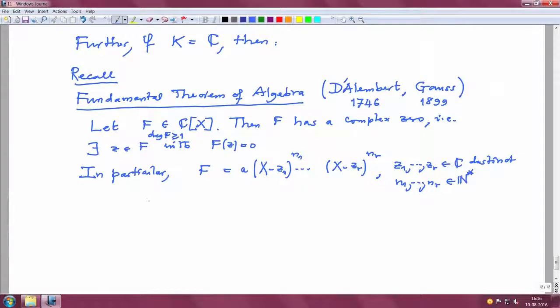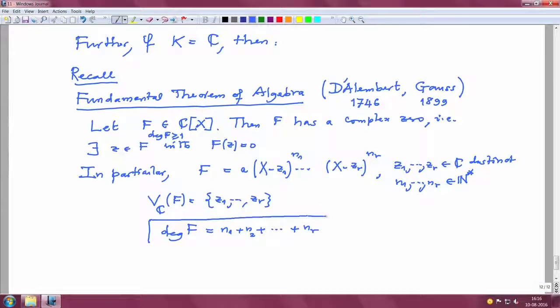In this case V_C of f is precisely {z1, ..., zr}, and if you count them properly, you get a nice formula: degree f equal to n1 plus n2 plus ... plus nr. Otherwise, you just have less than or equal to.